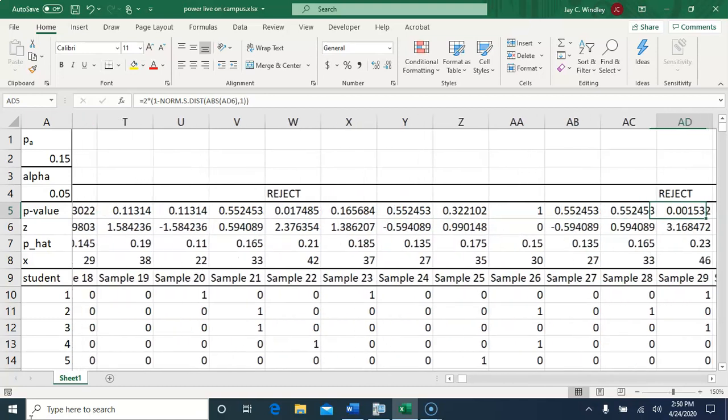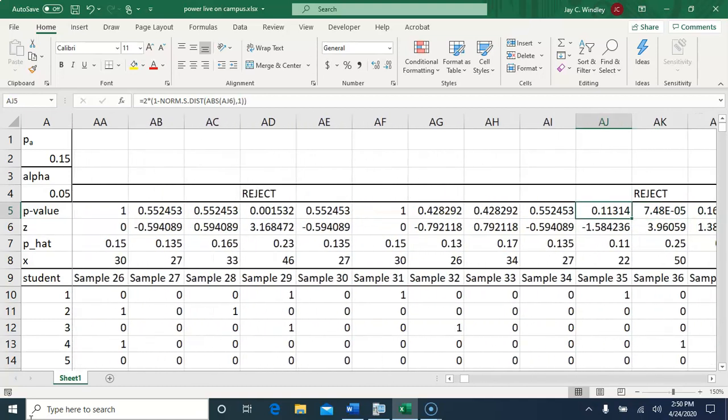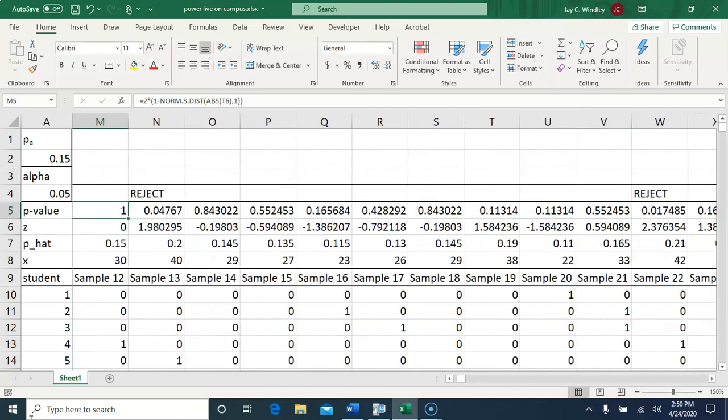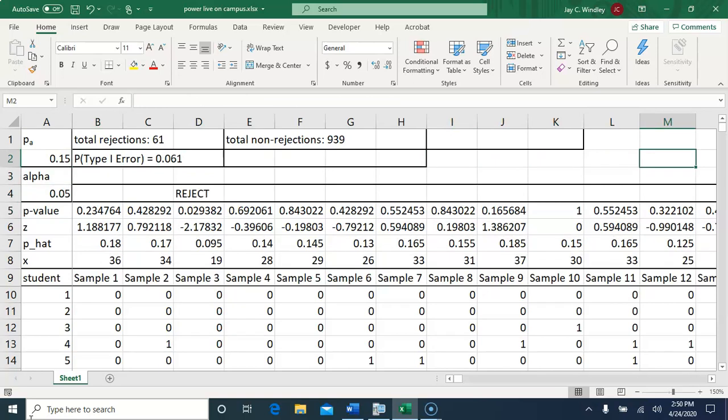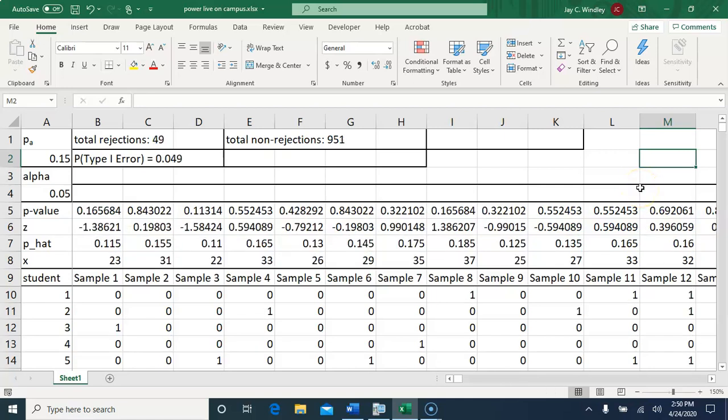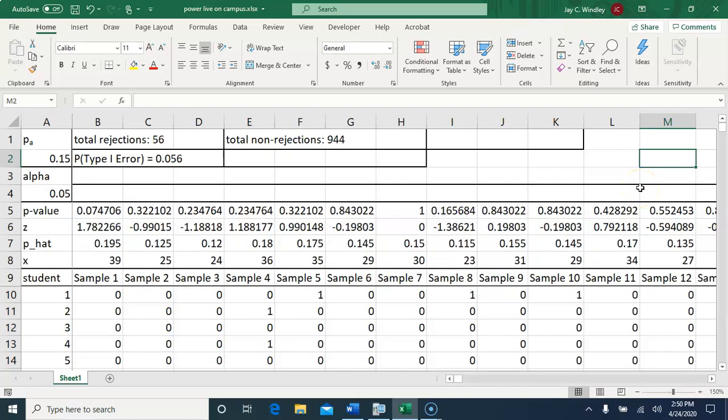But that doesn't happen very often. In fact, it should only happen 5% of the time. If I redo the randomization, now the probability of a type 1 error is 0.06, 0.05. So again, the probability of a type 1 error is basically turning out to be what alpha is.